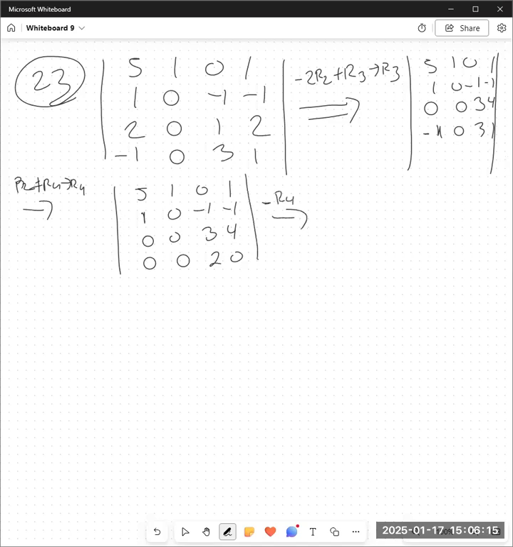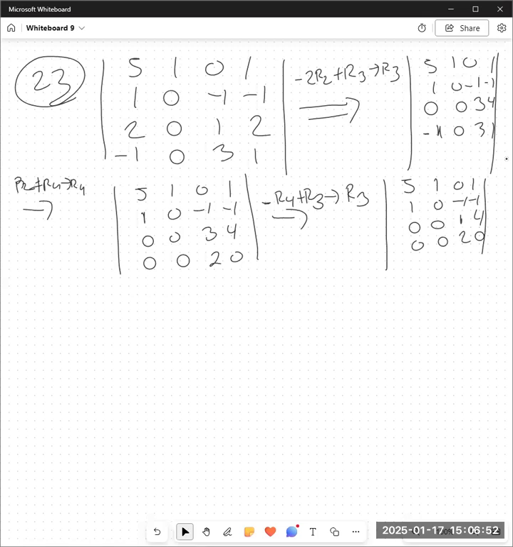And I've got negative row 4 plus row 3 makes a new row 3. 5 1 0 1, 1 0 -1 -1, 0 0 1 4, 0 0 2 0.